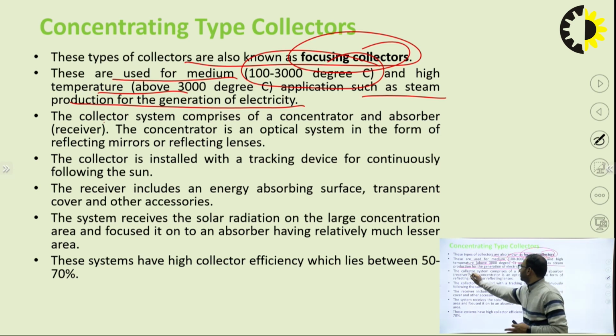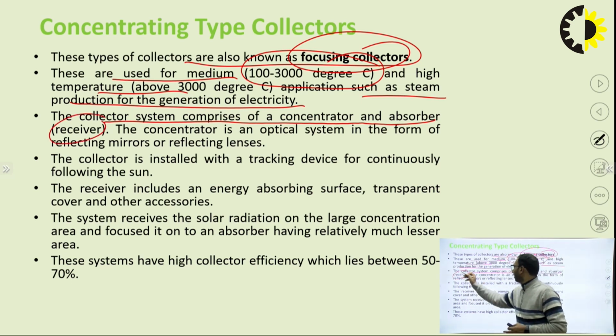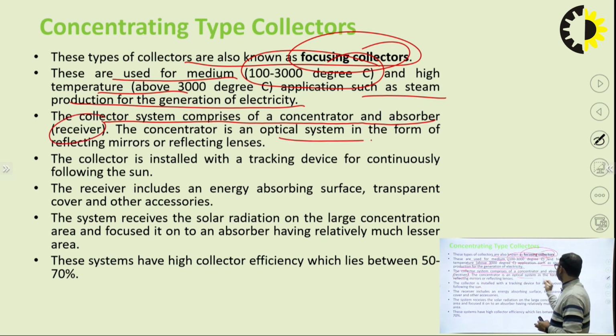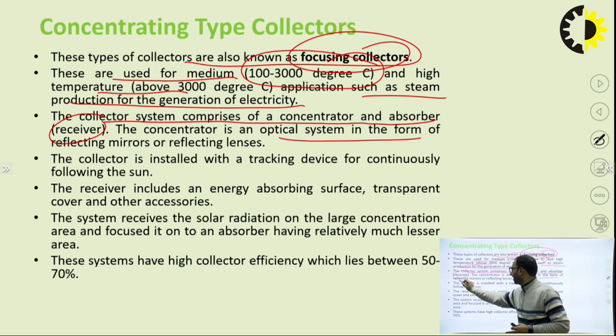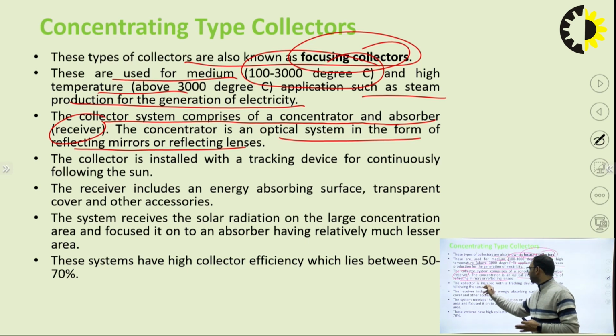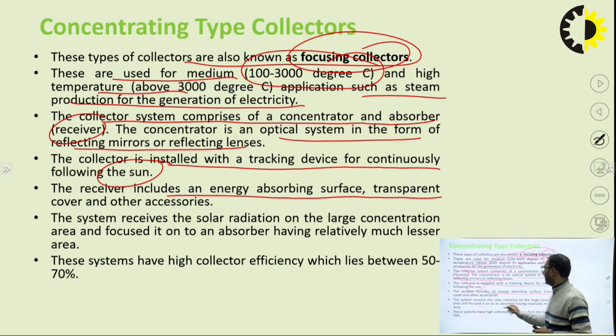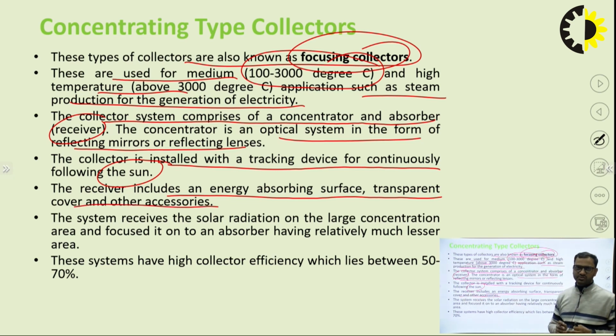The collector system comprises a concentrator and an absorber, which is also known as receiver. The concentrator is an optical system in the form of reflecting mirrors or reflecting lenses. The collector is installed with a tracking device for continuously following the sun. The receiver includes an energy absorbing surface, transparent cover and other accessories.